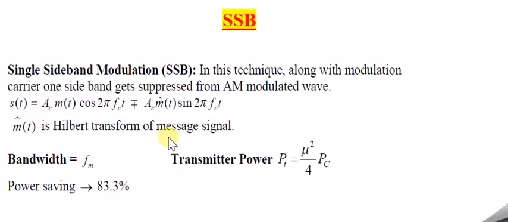So u of t is a function of a real variable and it produces another function of a real variable, that is H of u of t. That is nothing but the Hilbert transformation. In detail, I will definitely cover one session on the Hilbert transform, so that you will come to know what the Hilbert transform exactly is.